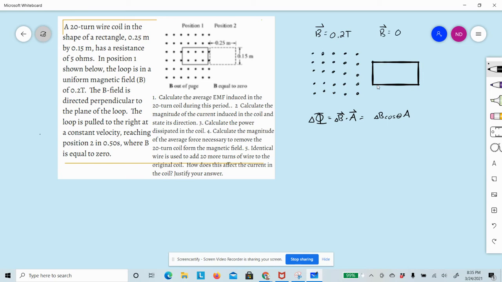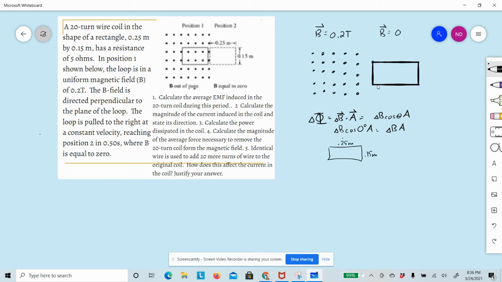Since they're in the same direction, the angle between them is 0 degrees, so delta B cosine 0 degrees, A. Cosine of 0 is 1. So this is going to equal delta B times A. Now the area: the dimensions of the rectangle were 0.15 meters over here and 0.25 meters over there.